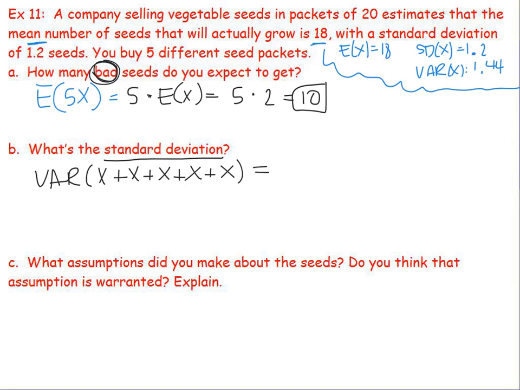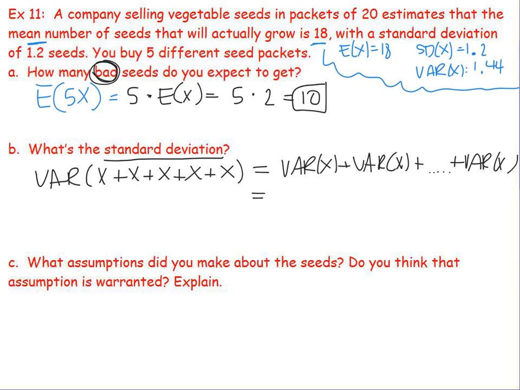So with variance, if we have 5 x's, we just do the variance 5 times. Well, could we write this any simpler instead of writing this out 5 times? Because I'm out of space, and I know you are too.